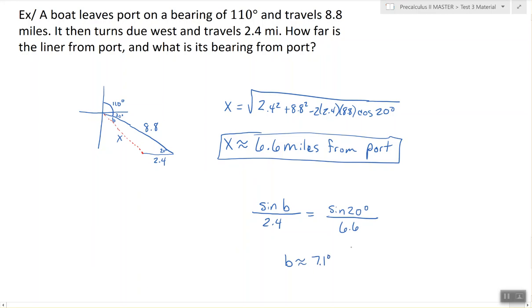Now we don't just take that as it is. That is the angle that is added on to that 110 degrees. So our bearing now that we are located from the port is 117.1 degrees.